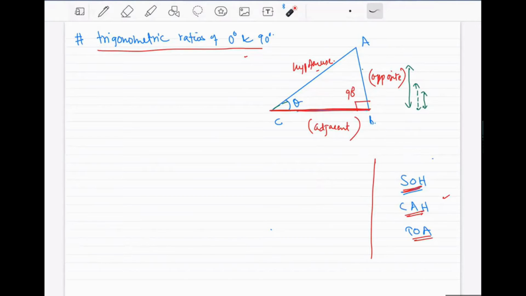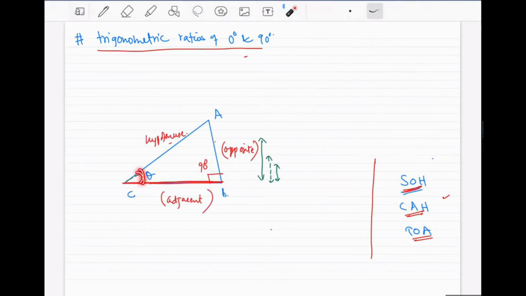So if I want to make this angle 90 degree, look, if I increase this angle theta, this is not exactly 90 degree. 90 degree looks like this, right? This is 90 degree. So I have to increase this angle theta in order to reach 90 degree. I want you all to focus on what is happening to the opposite side.